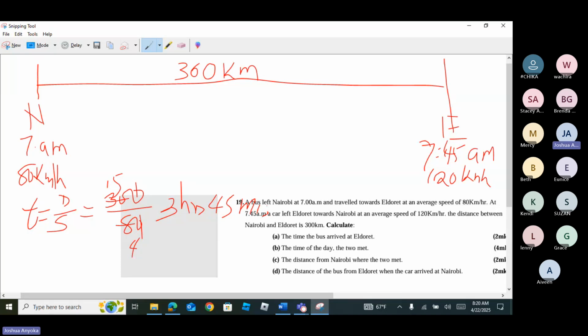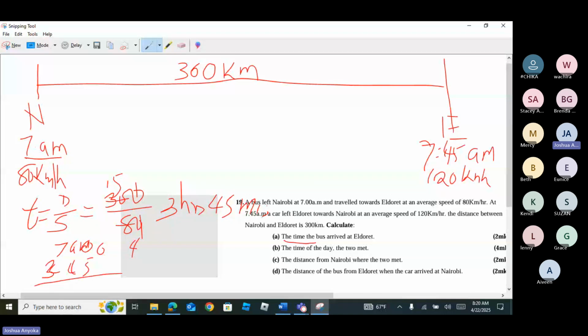But what we are asked is the time. Yes, this is the time. So time will be equal to the starting time, which is 7:00 plus 3 hours and 45 minutes.